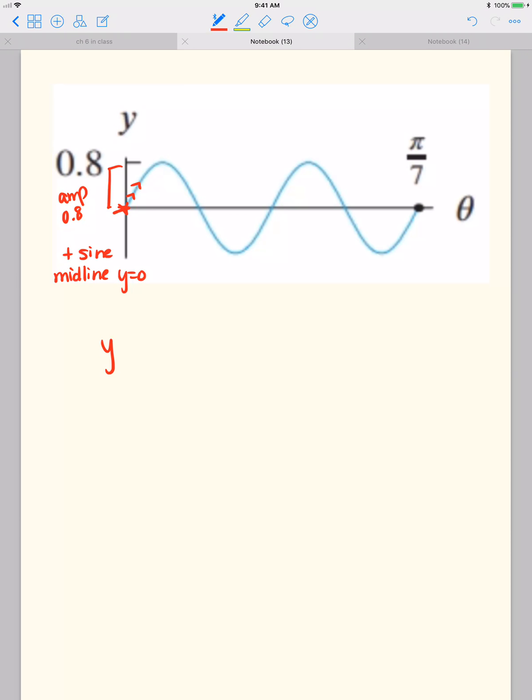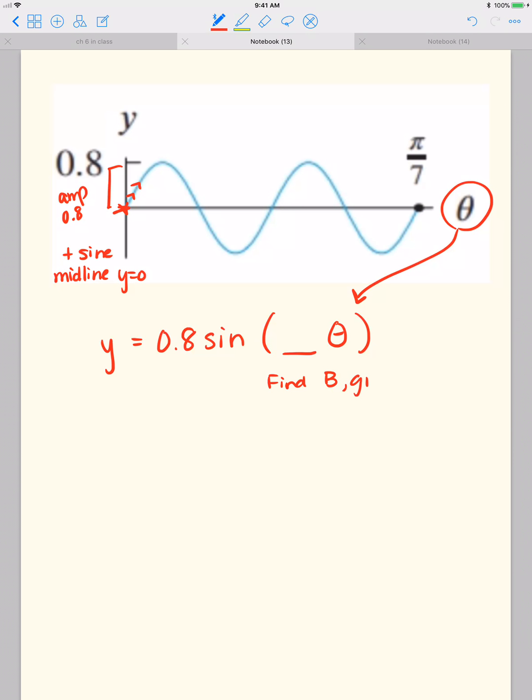So we'll start our function with y equals 0.8 sine of some b variable times theta. Theta is our input, so you have to make sure that you put the right input variable when you give your function. So we'll find our b value given that our graph has a period.